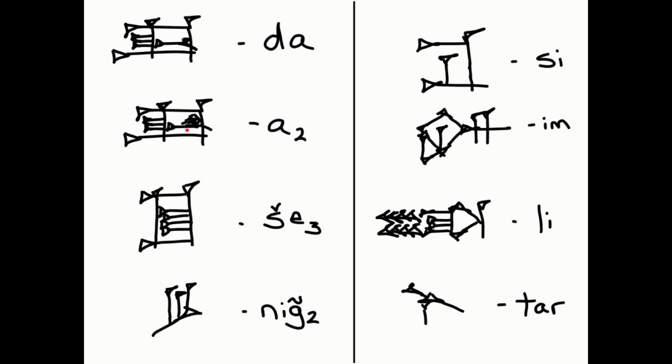So you can see they're similar because an arm and a side are obviously very similar. She3, Ning2, which is also the Nyar sign. Si, Im, which is also Ni2. Li, and Tar.